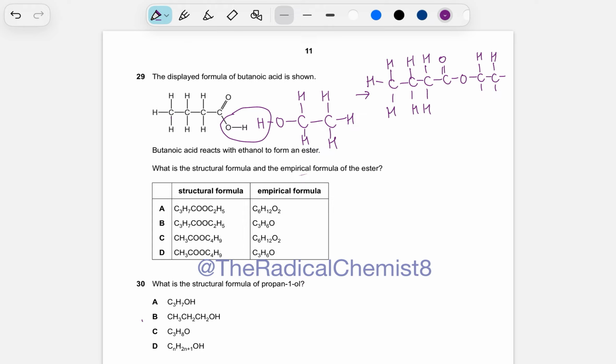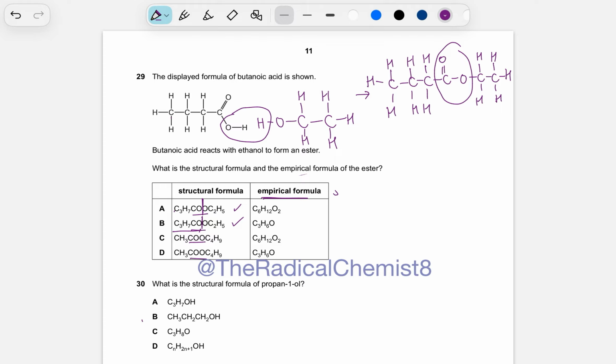So using this, this is your ester bond. So in the structural formula, the COO bit is where the carboxylic acid group came from. So this is going to be C3H7COO, so your answer is either A or B. And then it's asking you for the empirical formula of the ester.